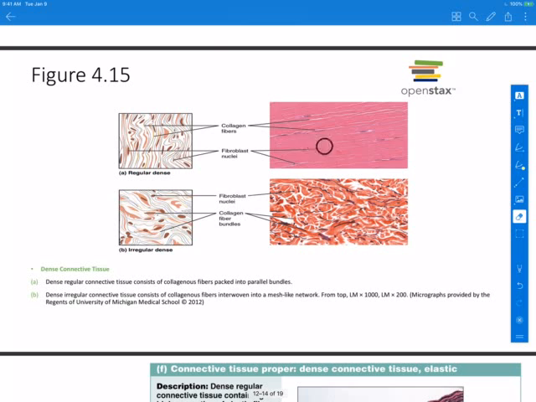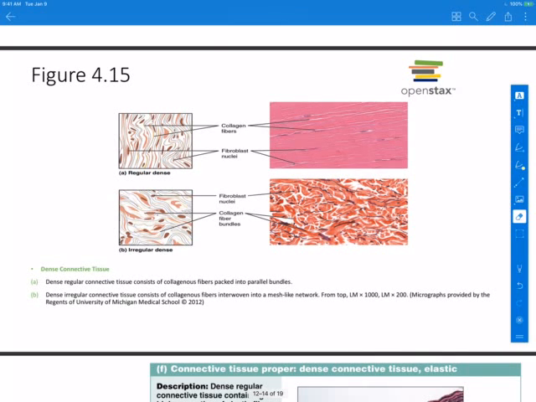They attach bone to bone in the form of ligaments, and they're really good at resisting tensile or pulling forces in one direction. You can find them in tendons, ligaments, and aponeuroses. An aponeurosis is basically a flat sheet-like tendon. Aponeurosis is A-P-O-N-E-U-R-O-S-I-S. Aponeurosis, a flat tendon.